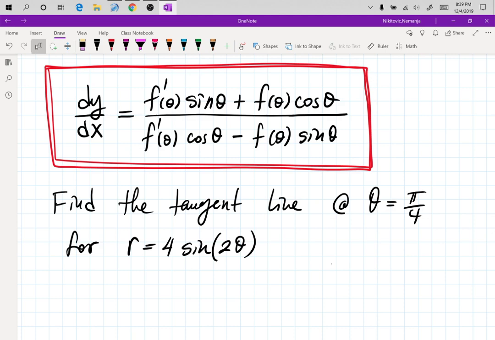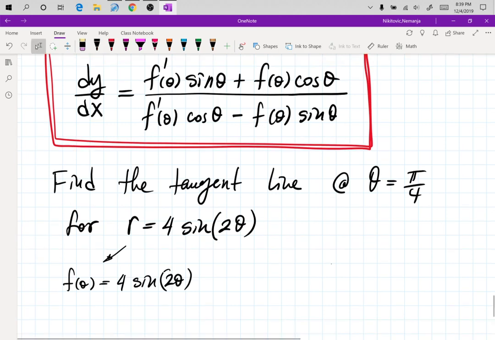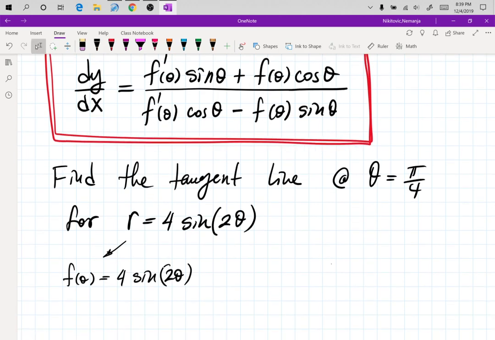Well, all you need to do is to plug all of this up there and take some derivatives. So you already have your f of theta, which is 4 sine 2 theta, right? Because we know f of theta is r. What's f prime of theta? 8 cosine 2 theta. Perfect.